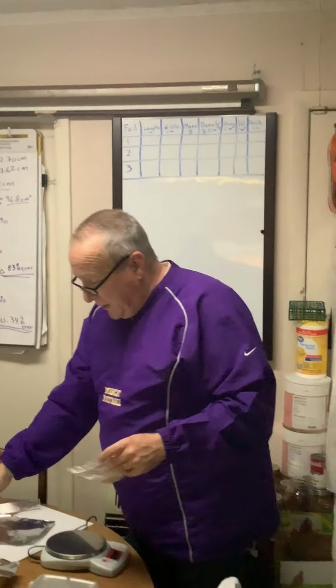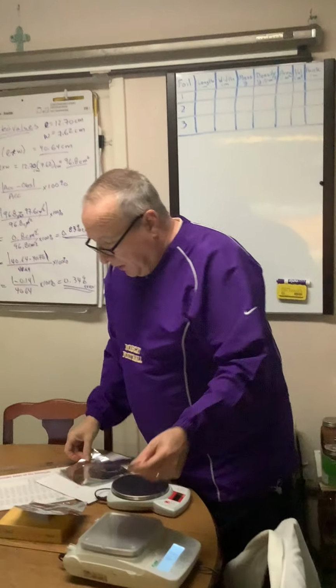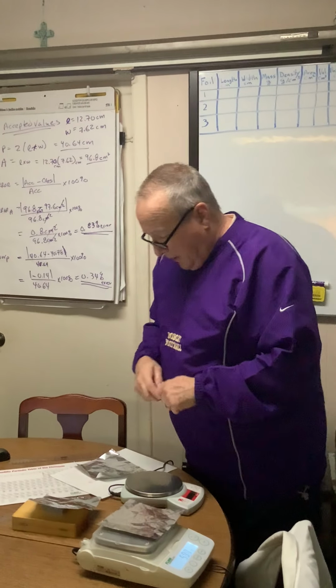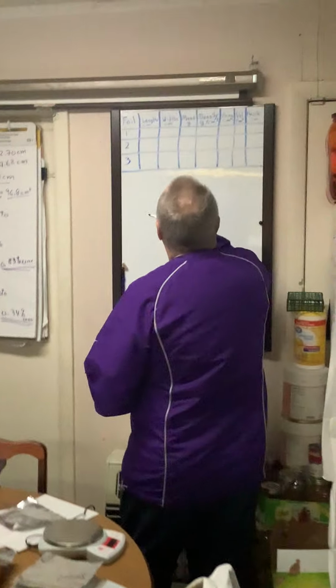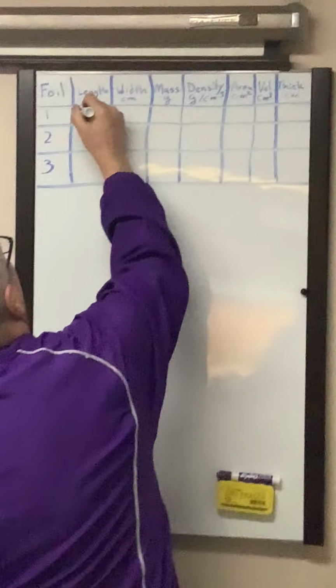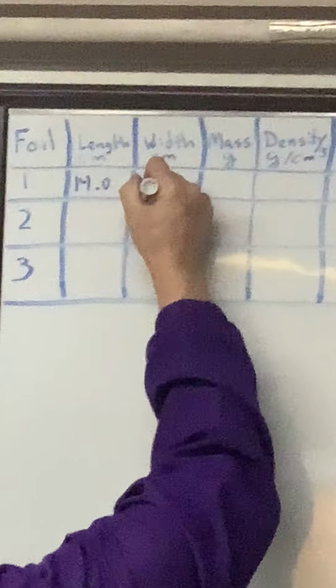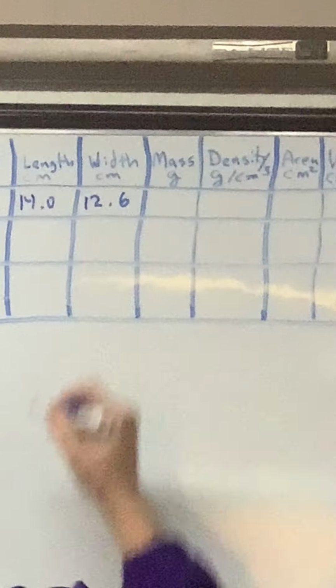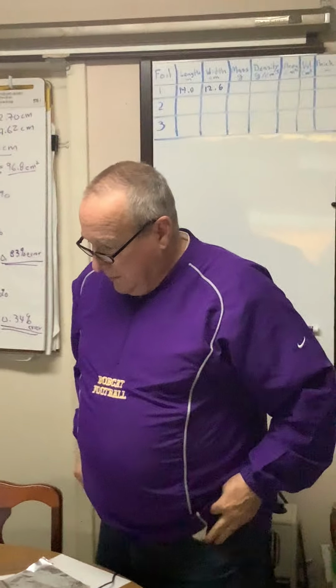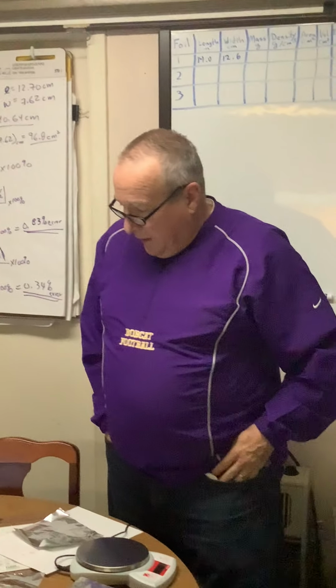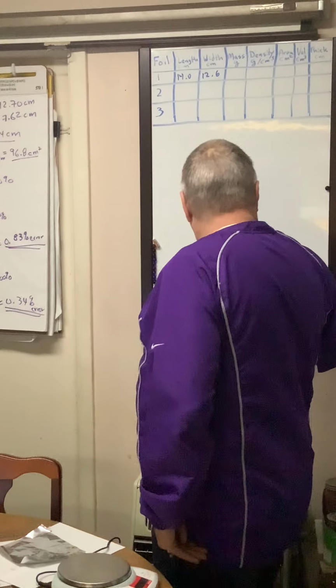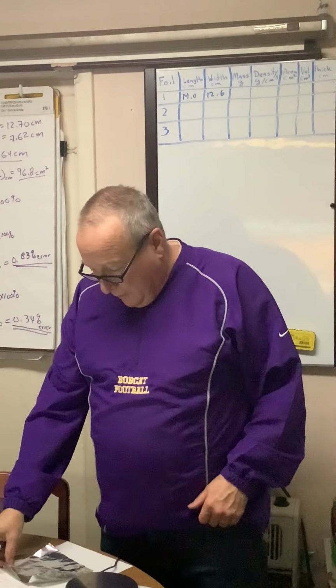So we have piece number 1, and it is 14.0 and 12.6 centimeters in width. I need my contrasting color, there it is, so that they show up better.